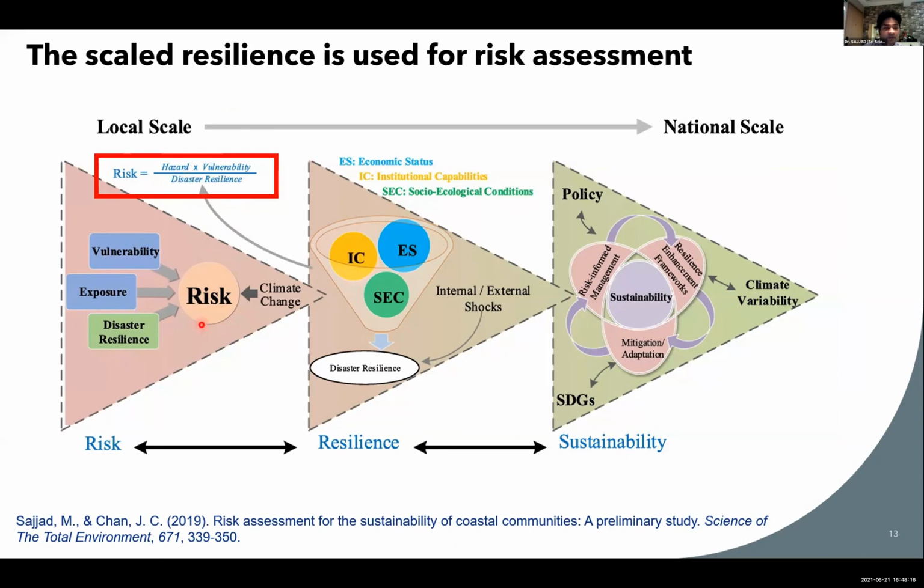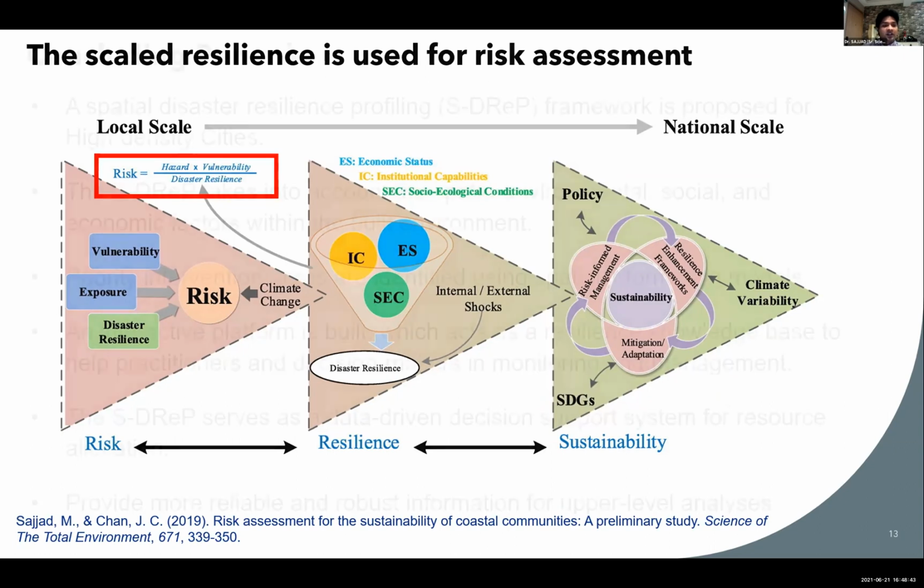Once we have this, we can calculate the risk and move toward informed risk management and resilience enhancement frameworks, and then work on mitigation and adaptation, which is particularly important to sustainability and achieving sustainable development goals under climate variability.